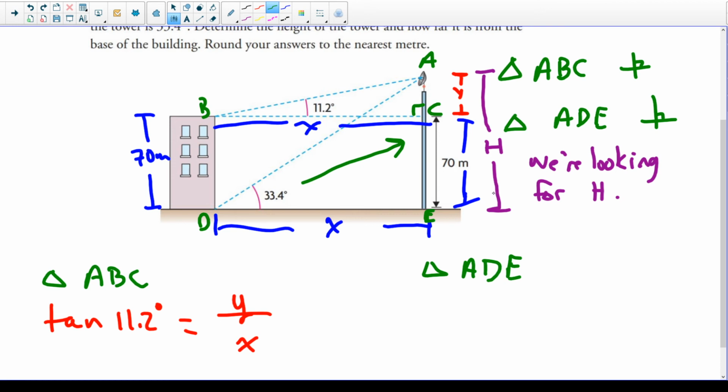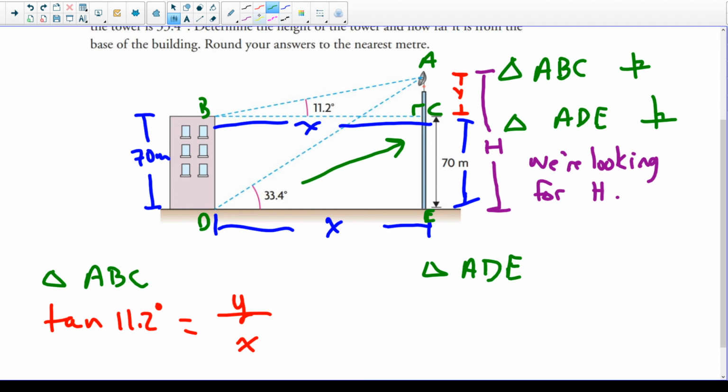However, I'm not looking for big H. I am looking for big H in the end, but I can't find big H if I don't know little y. So instead of using big H as the opposite side, what is this full length here? Isn't it y plus 70?